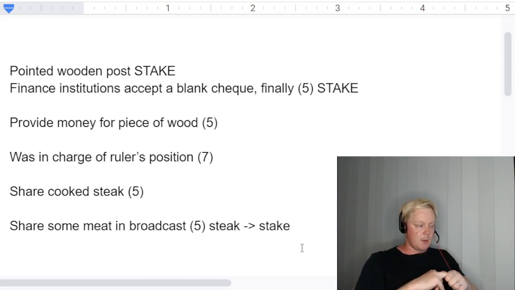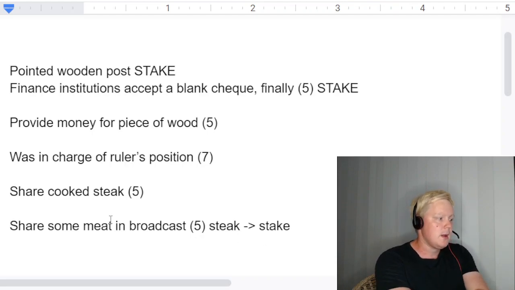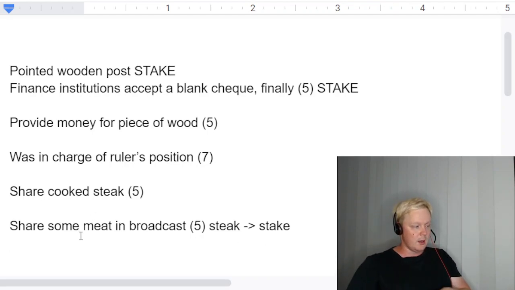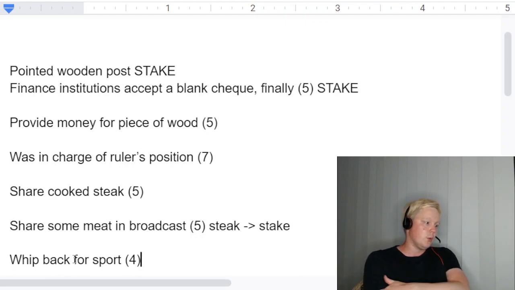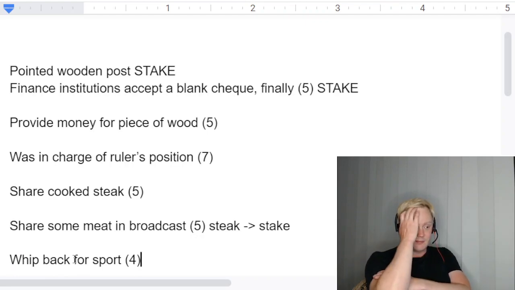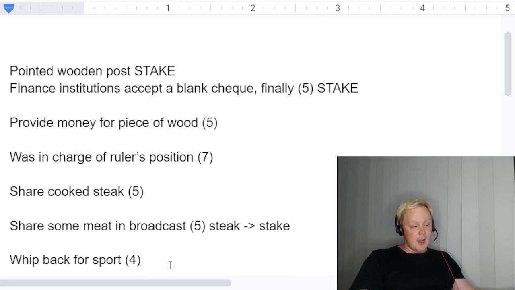Another very common thing to be used in a clue is reversal. You take something and you reverse it. And that can be indicated, for example, in this clue, whip back for sport. Now the answer is different now, because this word steak backwards doesn't mean anything, so I can't use that. Whip back for sport.